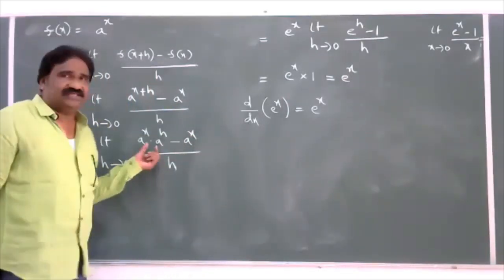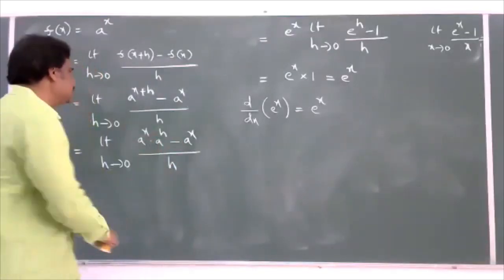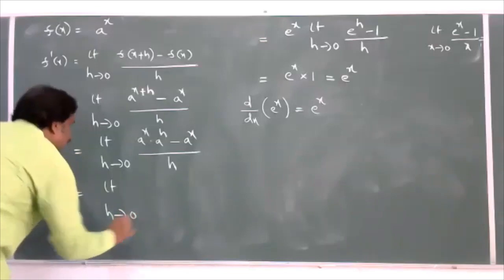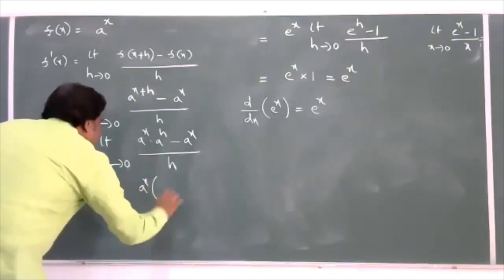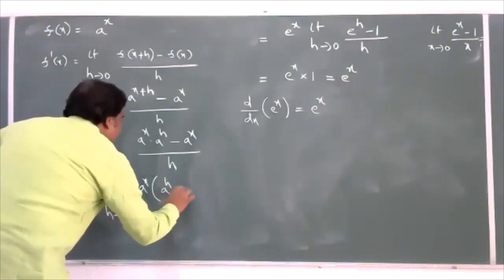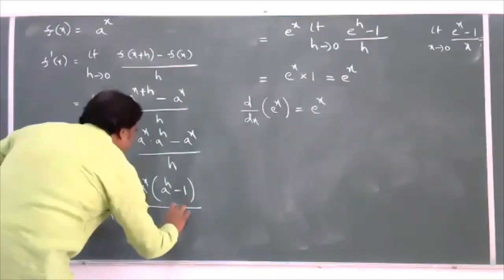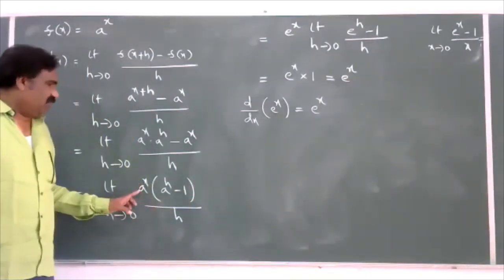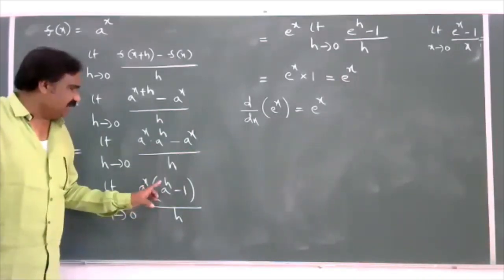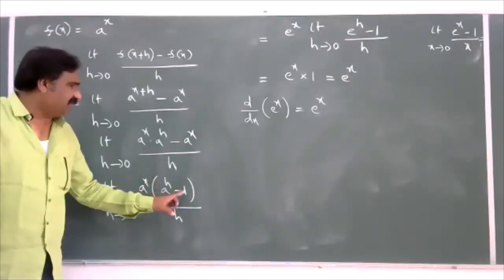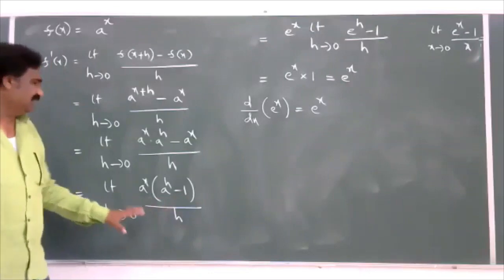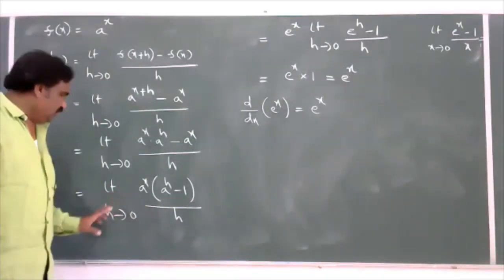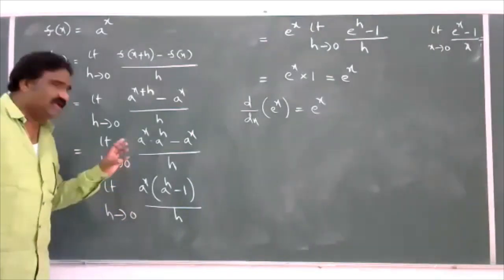So here also in the numerator, a power x is common. That is limit h tends to 0, a power x is common, that is a power h minus 1 by h, in the bracket. Here the limit depends on h.